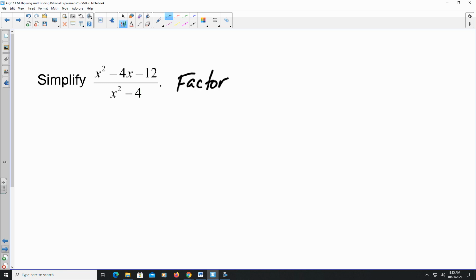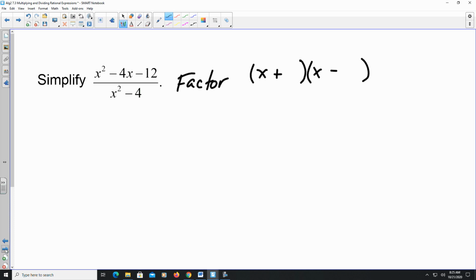Looking at the numerator, I'm going to go parentheses, parentheses. It's a simple trinomial, so it's x and x. Minus 12 tells me the signs will be different: one's plus, one's minus. The first sign is minus with the minus 4, so the larger number is attached to the minus.